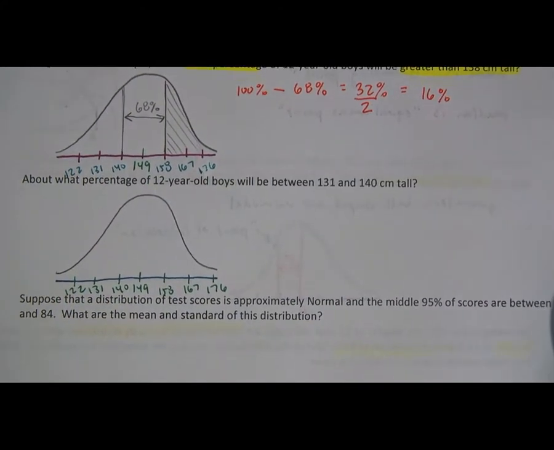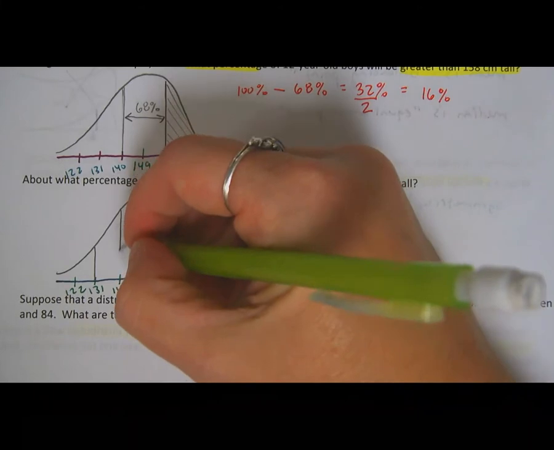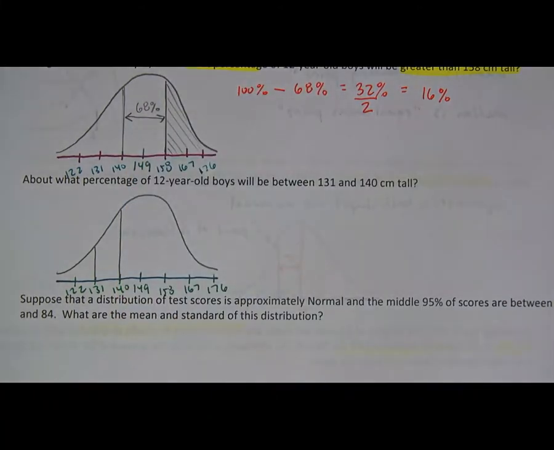This one says what percentage of boys will be between 131 and 140. We have two regions that are overlapping here. So I'm going to do my best to illustrate this, okay?